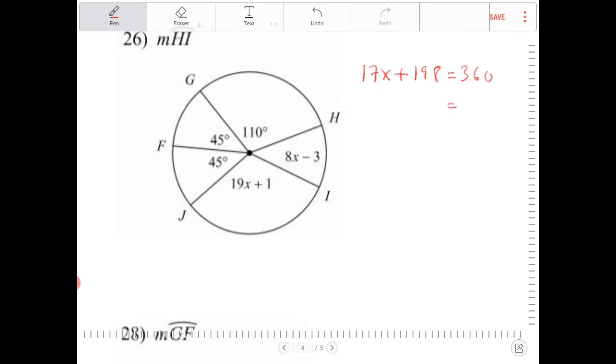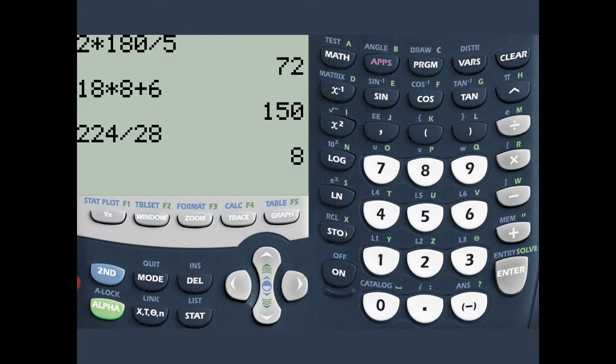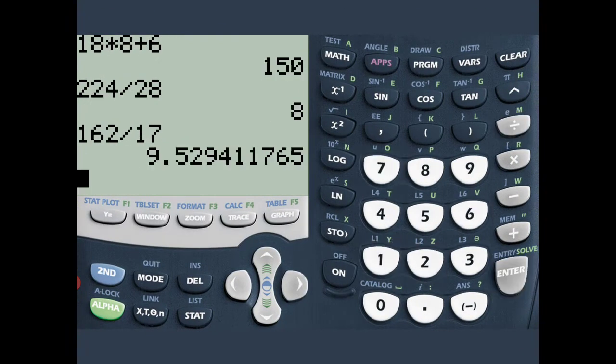Subtract 198, I get 162. So 17x is equal to 162, and 162 divided by 17 is some weird number, 9.53.